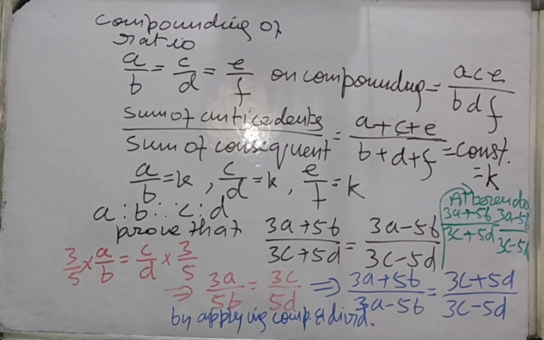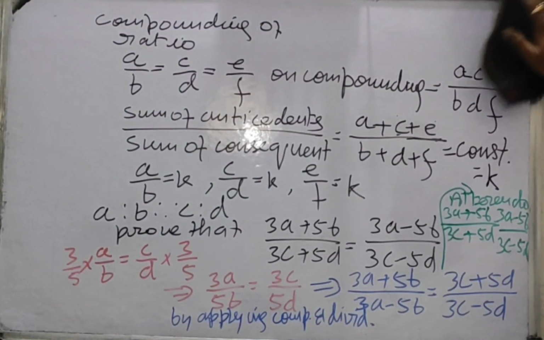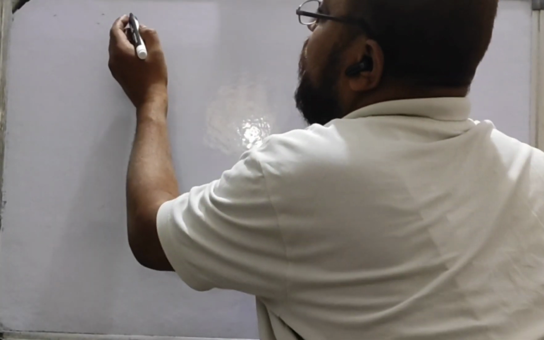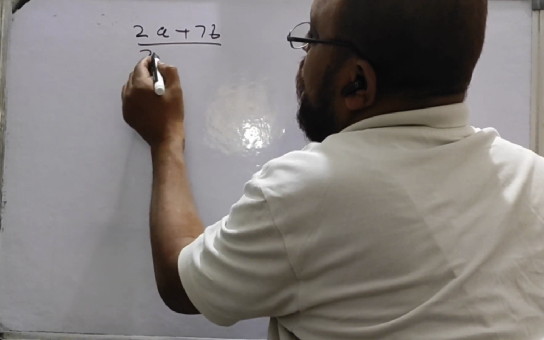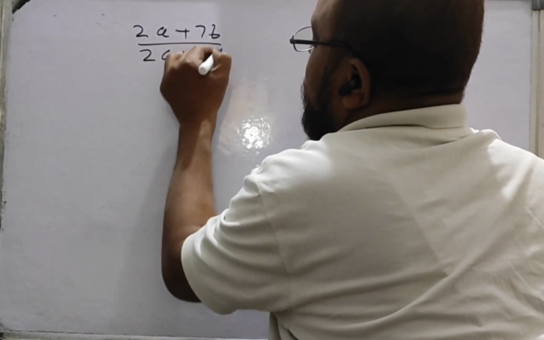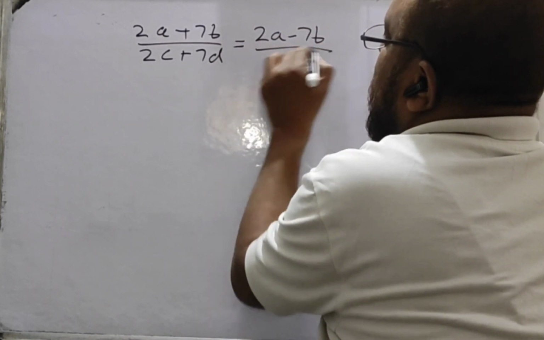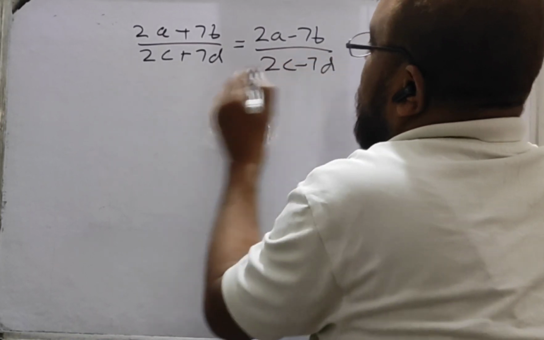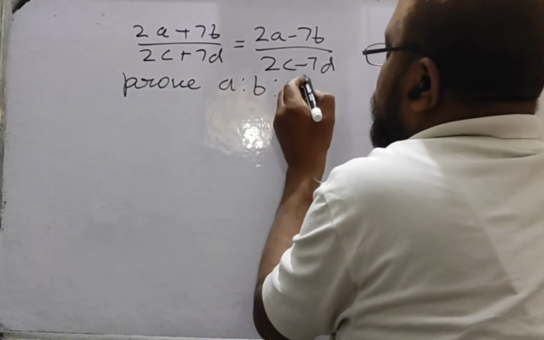If the question is like this, that 2a plus 7b upon 2c plus 7d is equal to 2a minus 7b upon 2c minus 7d, and prove a ratio b proportion c ratio d.